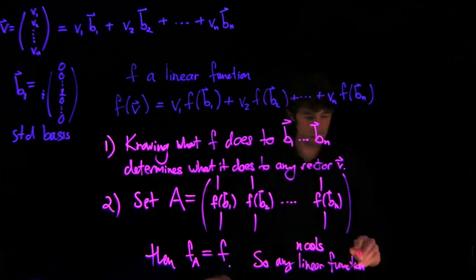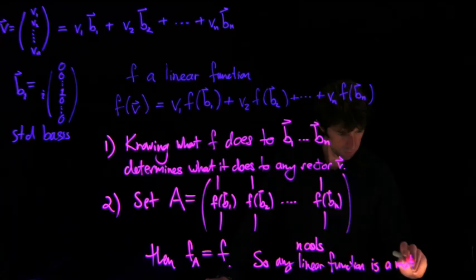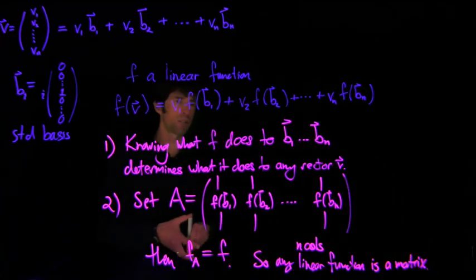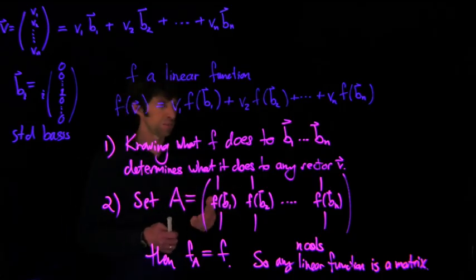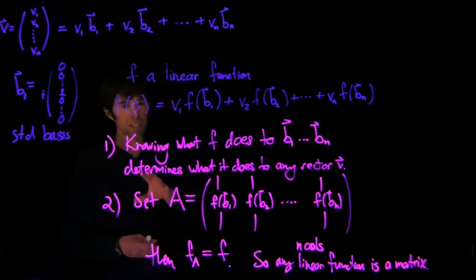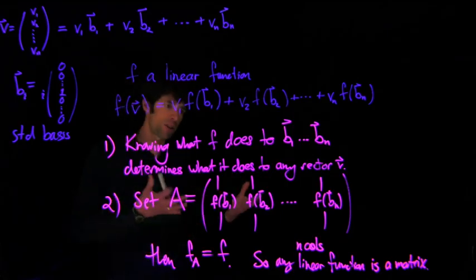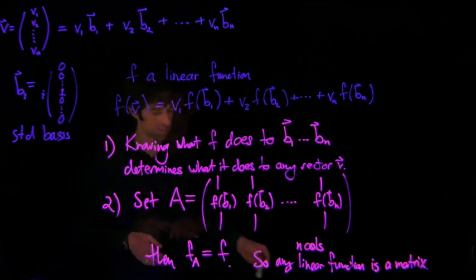So any linear function is a matrix, basically. The only linear functions we can write down are the ones that come from multiplying by a matrix. Right? Every linear function uniquely corresponds to a matrix, and every matrix gives us a linear function. So they're the same thing, linear functions and matrices. And this is part of why matrices are so important.